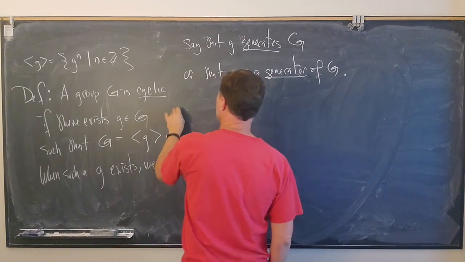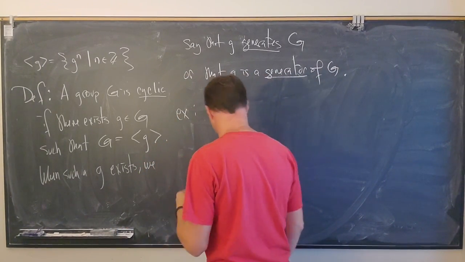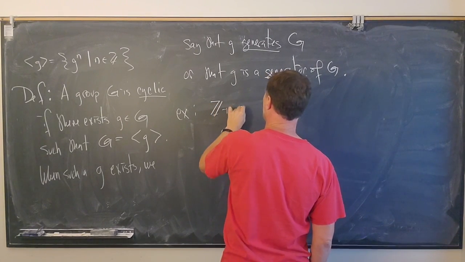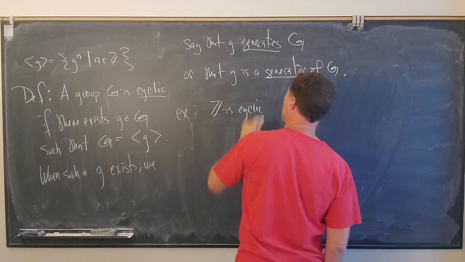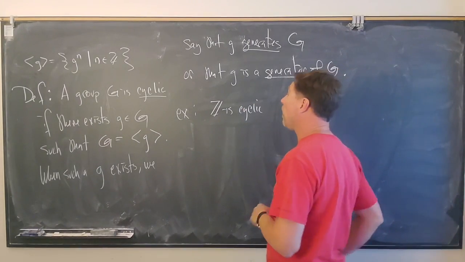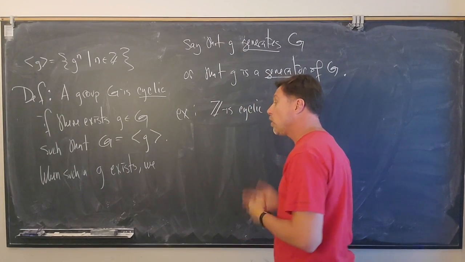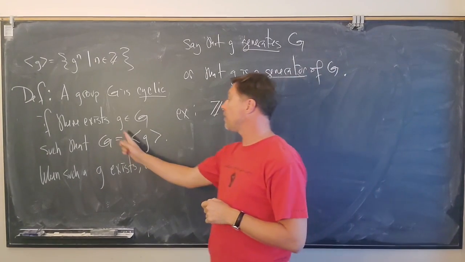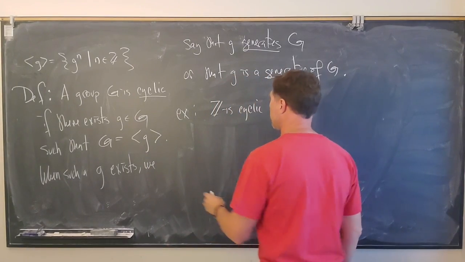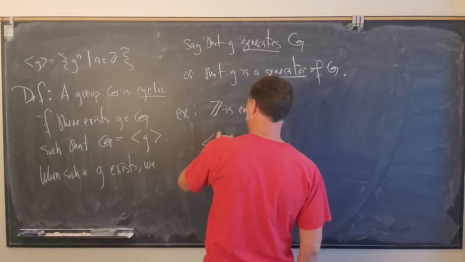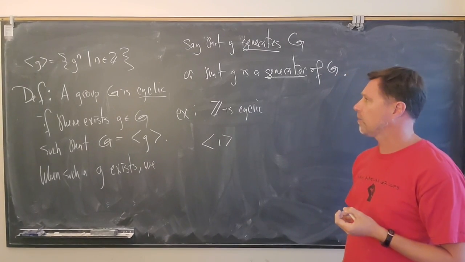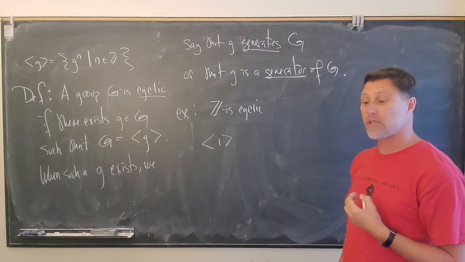Some examples, and there are some familiar examples of cyclic groups. Z is cyclic. Now let's see, why is that? Well, for this to be true, we need to be able to produce some element of Z that is the generator. The cyclic subgroup generated by 1, think about what that is. We have to work in additive notation.